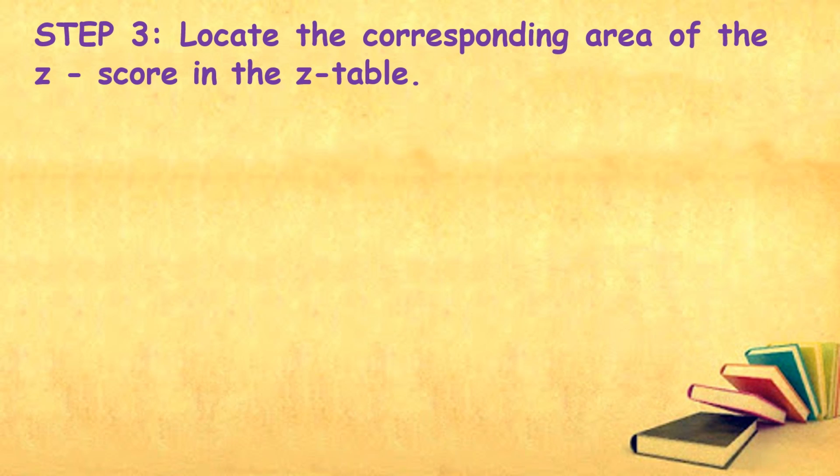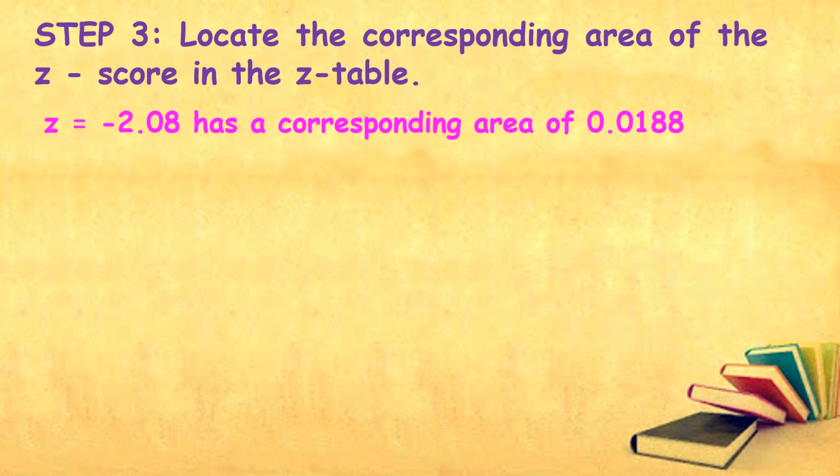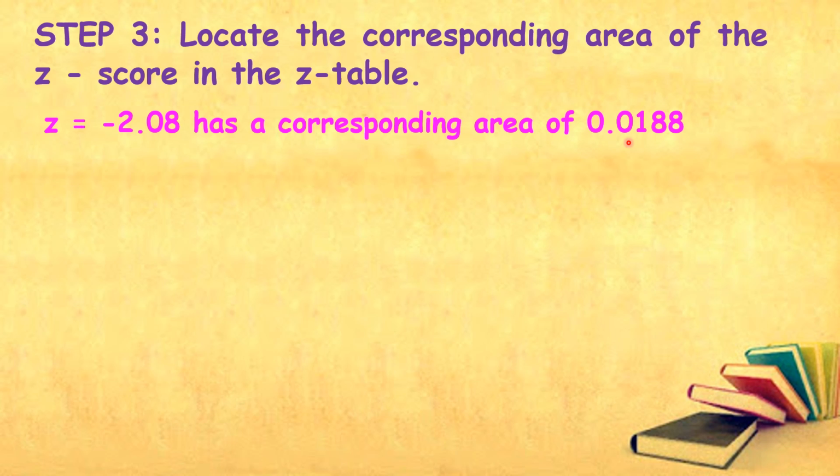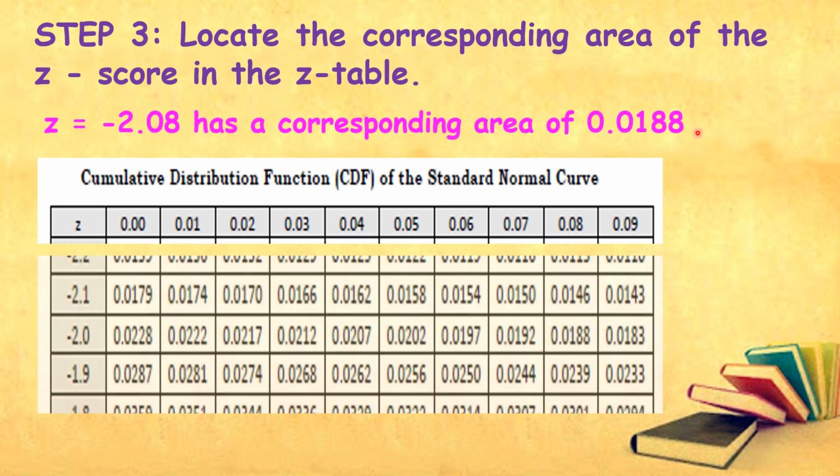Step 3, locate the corresponding area of the z-score in the z-table. Gagamit na tayo ulit ng z-table. Sabi, z is equal to negative 2.08 has a corresponding area of 0.0188. Tama kaya yan.